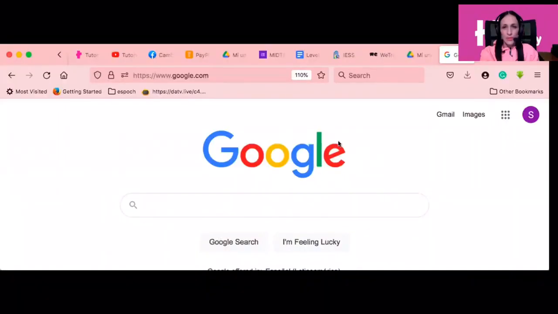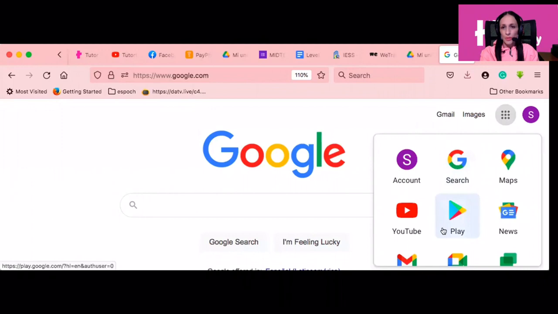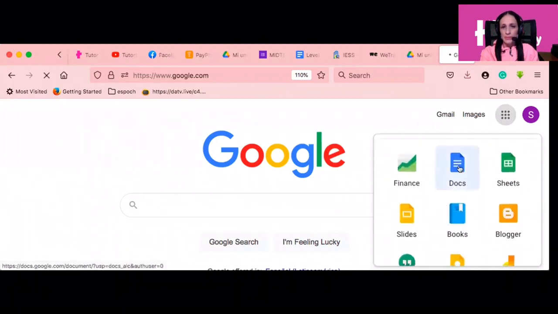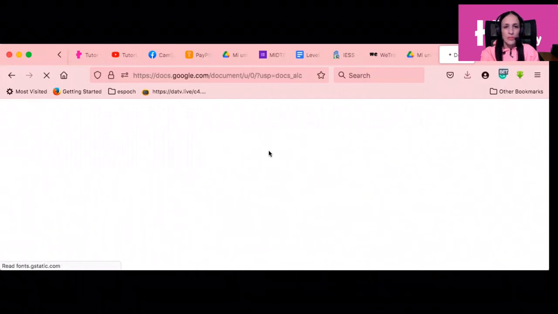Let me see if I can share my screen again. Okay, so I usually share a Google Docs with them, and that way we can all participate. I know that Google Docs is very common.